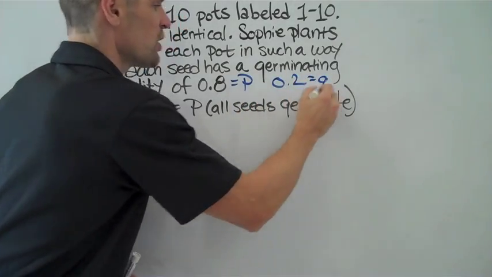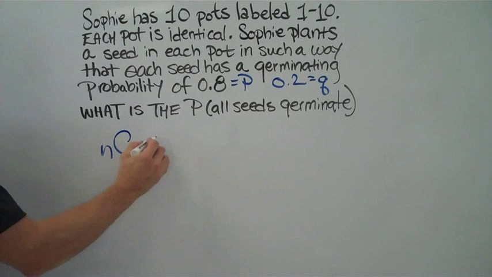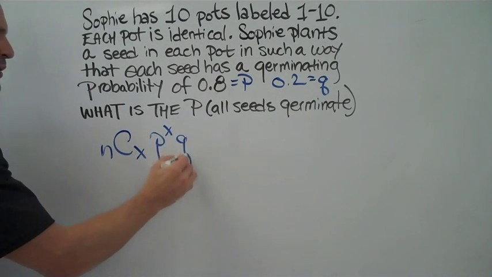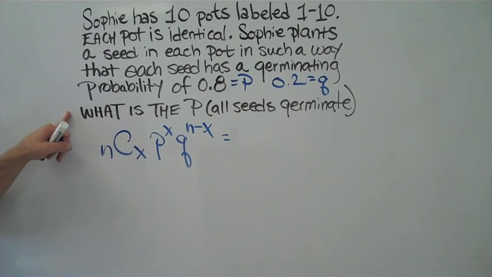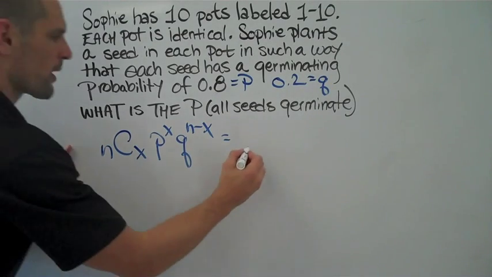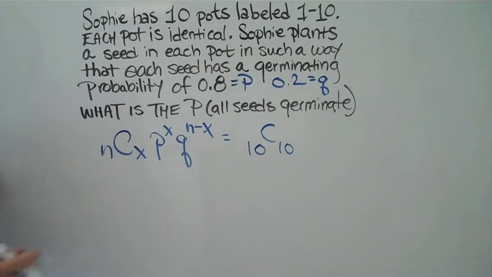which is Q. Well, we know that our formula is, we're going to have a C in the middle. It's going to be NCX P to the X Q to the N minus X. Well, we want to know what's the probability that all 10 seeds germinate. Well, we're going to have 10C10. 10 trials, 10 germinate.